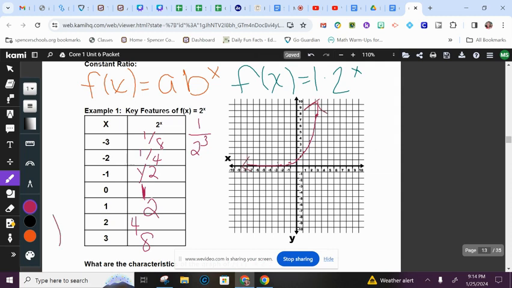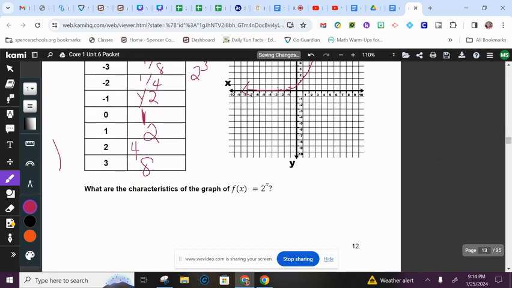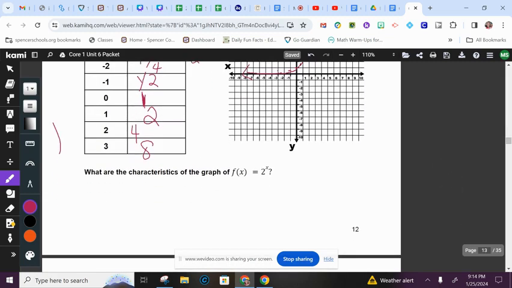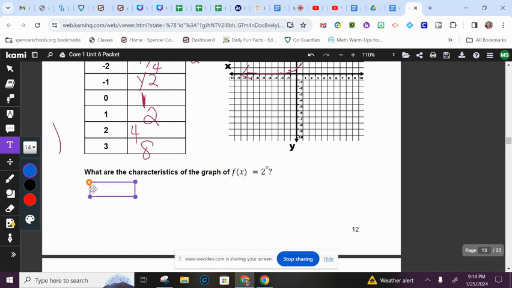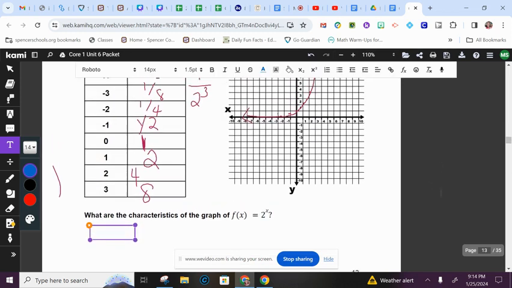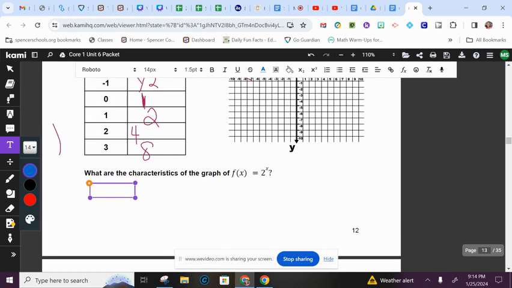So let's go through some of those key characteristics that you notice when you first look at an exponential function. I'll type these so we can see them a little better. The first thing I notice is that the y-intercept is 1.